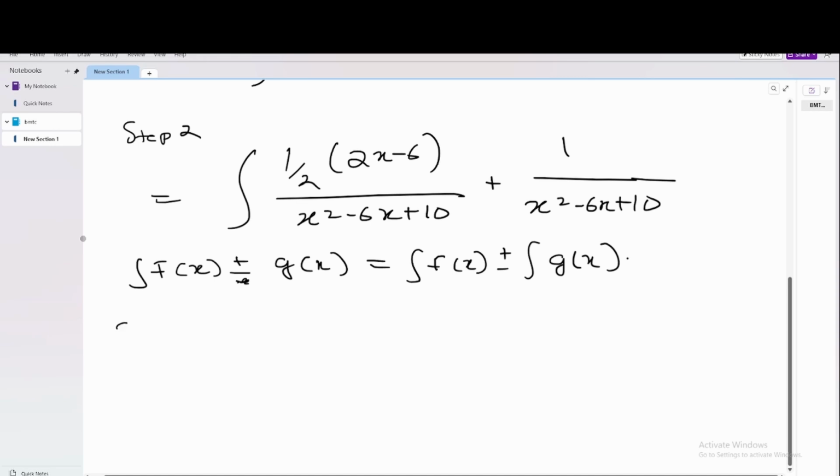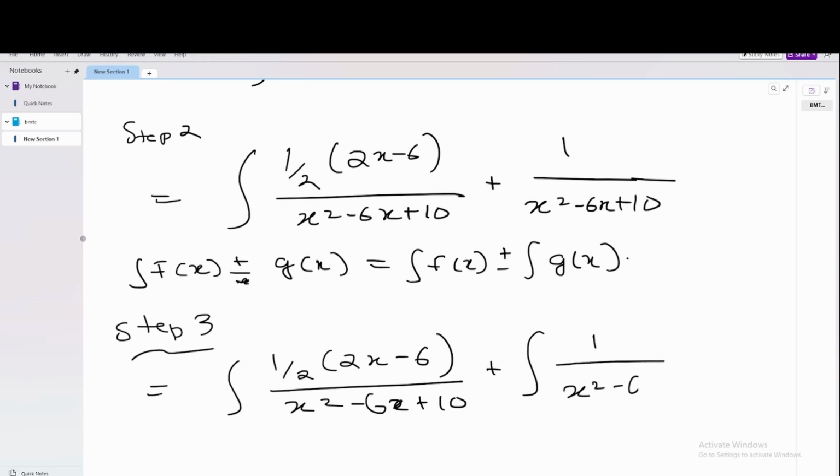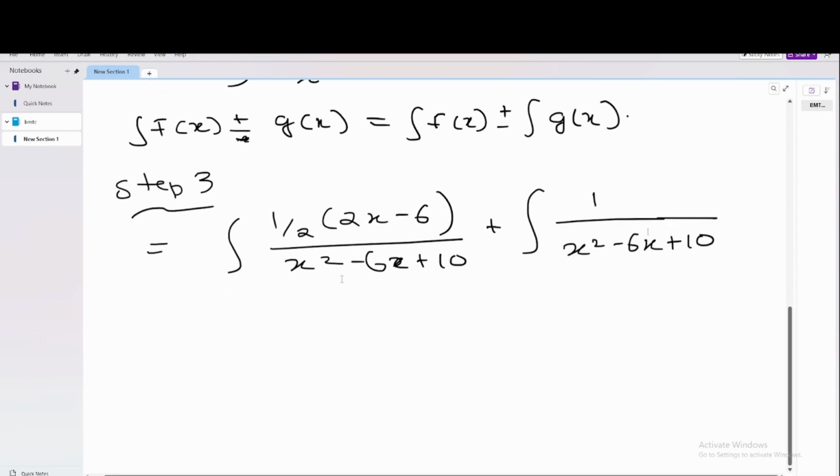We can rewrite, so now we have to integrate these two terms.